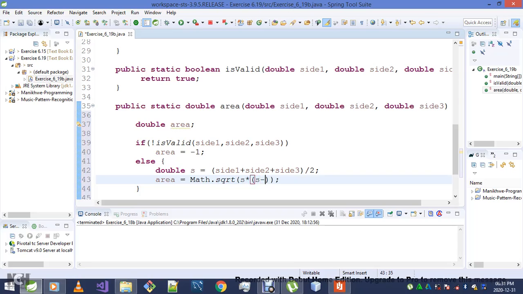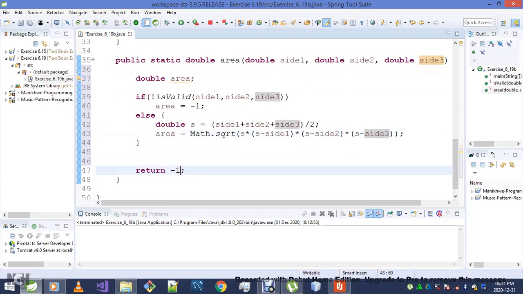Yes, s minus side 1 multiplied by s minus side 2 multiplied by s minus side 3. Is that it? Yeah, it seems like that is the exact thing I want. Then I simply return area.